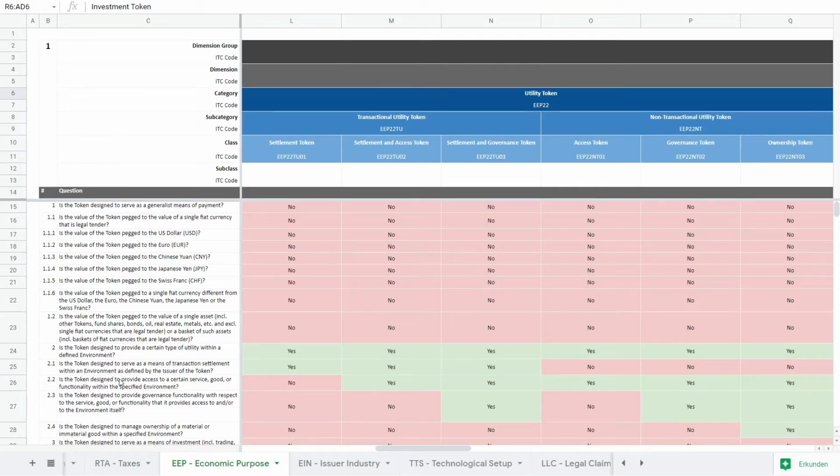Basically, here we have always a questionnaire which helps us with the classification. So we have here second, is a token designed to provide a certain type of utility within a defined environment? And this is actually the case for Ethereum, because we have the Ethereum network, and within the Ethereum network, we mostly use Ethereum to purely settle transactions.